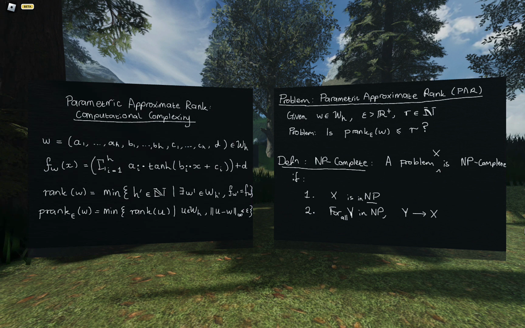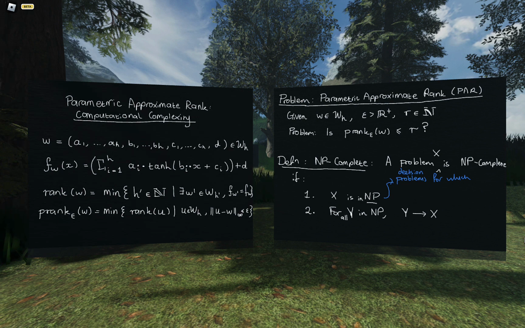So an easier way to think about this is as follows. NP is problems for which, so these are decision problems, like the one we have up here, where the answer is either yes or no. The correctness of a yes answer has to be verifiable in polynomial time on a regular computer, a deterministic computer.